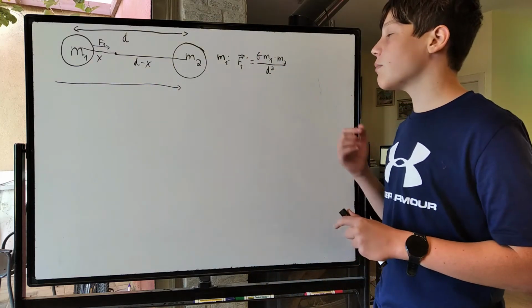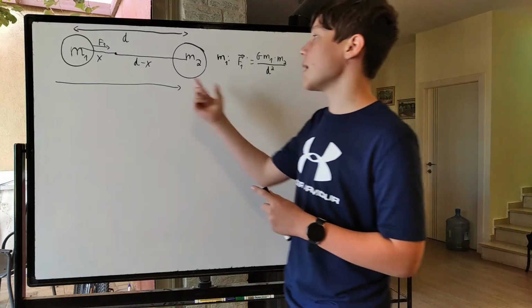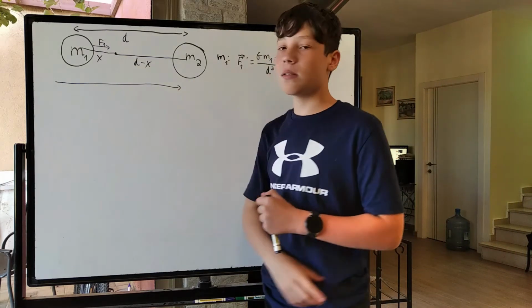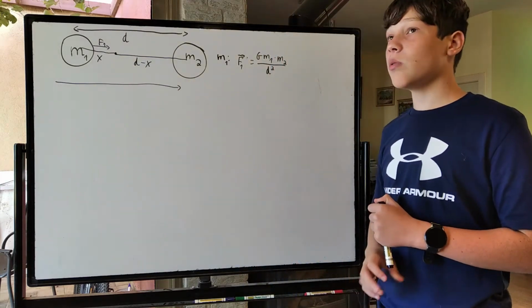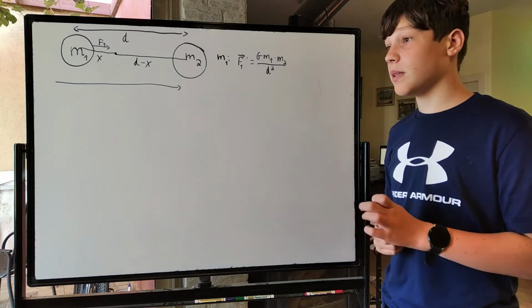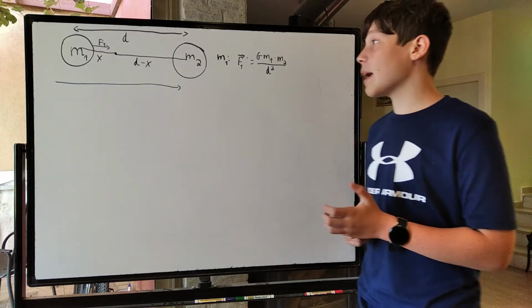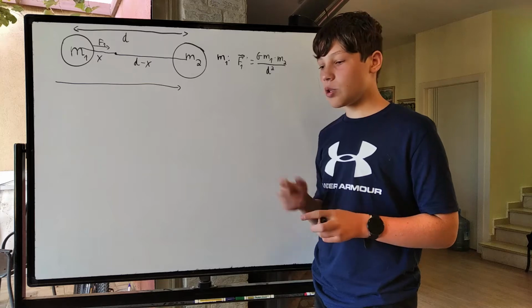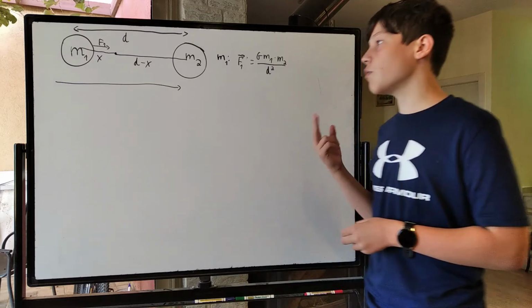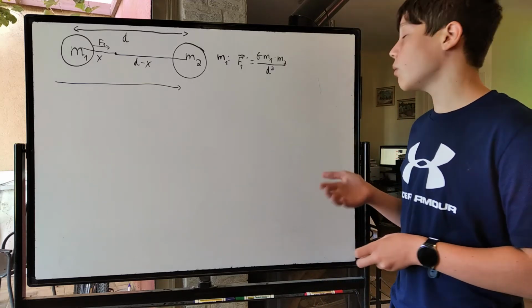And then we will do the same for m2, how much time it will take to get to this point. And then we'll know that that time has to be the same. Then we'll have two equations with two variables, t and x, and we'll be able to solve it.